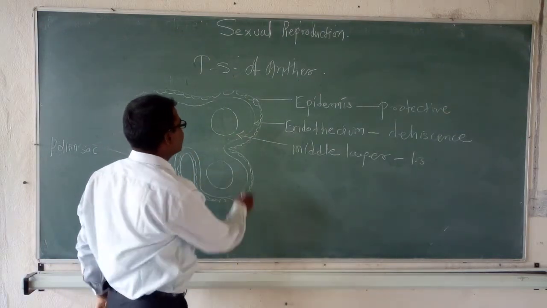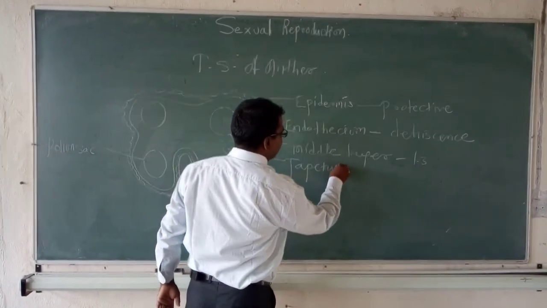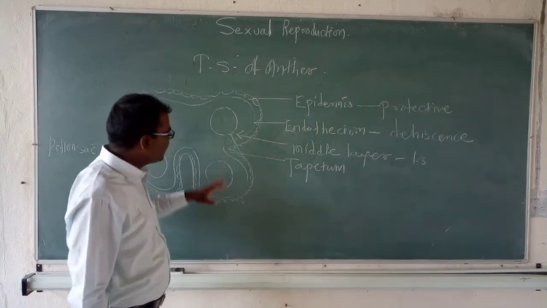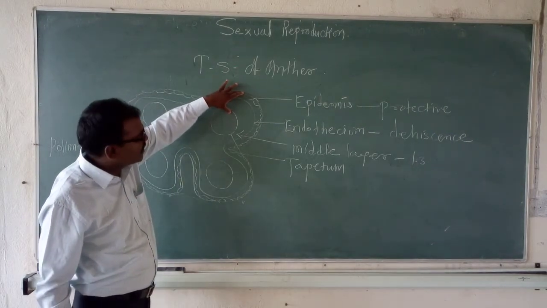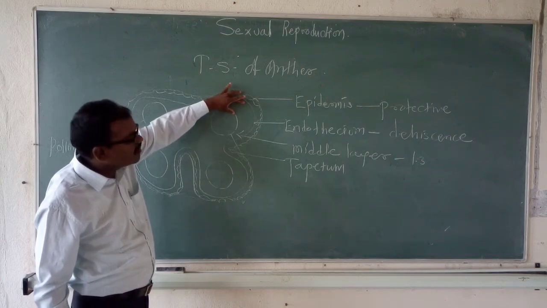Then the next layer is the tapetum. The tapetum is the innermost wall layer. See here: outermost epidermis, then endothecium, then the middle layer of about 3 layers.